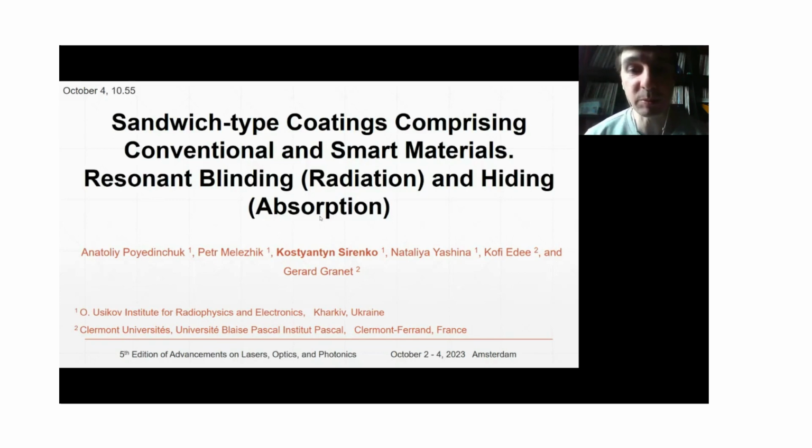So in this presentation I will discuss what we have done for theoretical studies of combination of graphene with metal and dielectrics.